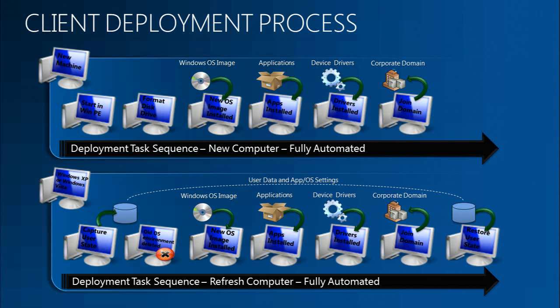The task sequence templates within MDT 2012 will deal with all of this for you. And if you implement MDT with Configuration Manager, those task sequence templates will move across into Config Manager and give you those settings as well. So it's a great way to start if you want to do refresh and replace scenarios on machines, is to use the templates that come in the box with MDT.